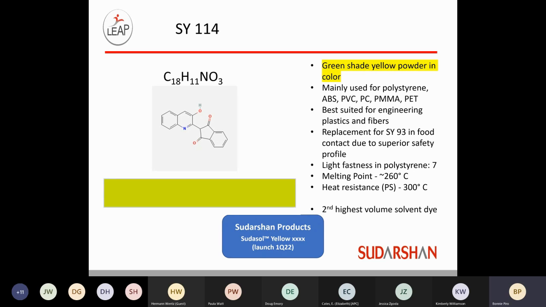And again, it is beginning to replace solvent yellow 93 because of that food contact inability for the solvent yellow 93 chemistry, while the solvent yellow 114 chemistry is food contact safe. It has good light fastness with a rating of 7 and high heat resistance. The Sudarshan product in the Sudasol line will be launched later this quarter.